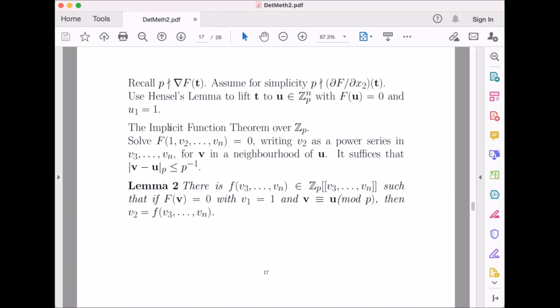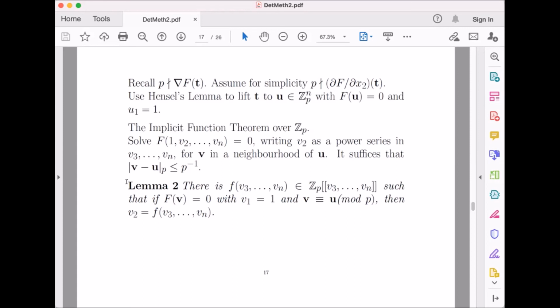And so we can use the implicit function theorem over Z_p to solve the equation f of v2 to vn equal to 0, writing v2 as a power series in the remaining variables for v in a suitable neighborhood of u. In particular, it's enough that v minus u has norm at most p inverse.